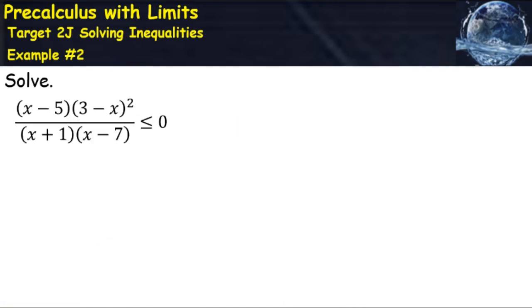Okay, so now I have another one. For this one, I have to put all of my key points, and my key points are zeros, so I have a 0 here, which is 5, and a 0 here when x is 3. And because of this equal sign, I want these to have square brackets, or they have to be in my answer.